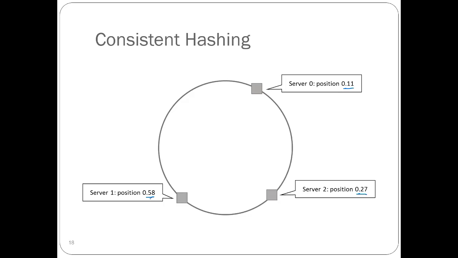By hashing, server 0 was put in this position, which corresponds to the number 0.11, and then server 2 corresponds to the number 0.27. Server 1 has the position 0.58. Every point in this ring has some value associated with it. So we use the hash function, and we put the servers in these positions.